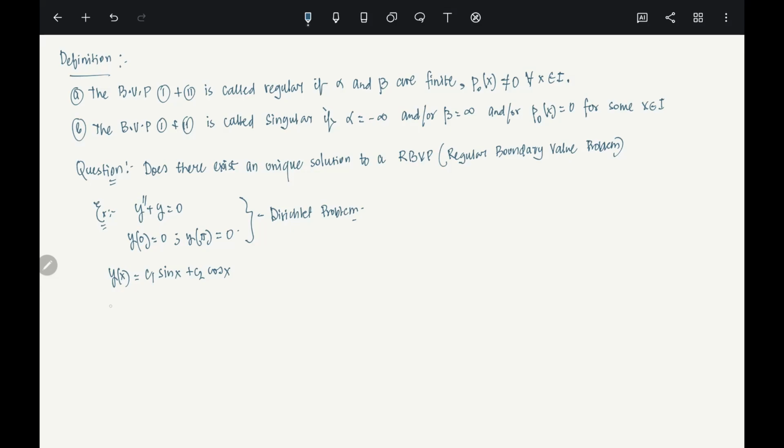So the solution is y equals c1 sine x, for any c1 in R. Hence the problem admits infinitely many solutions.